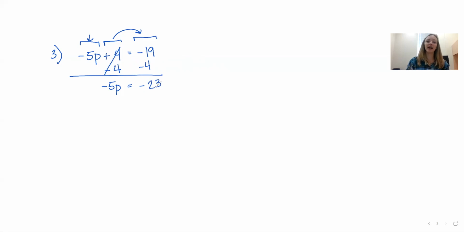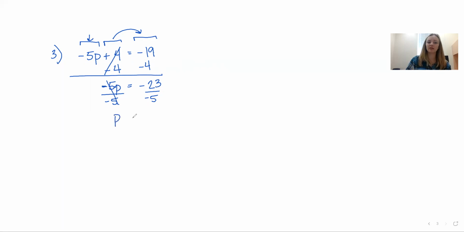And then if I go ahead and get rid of this negative 5, again, think of that as negative 5 times p. Opposite of multiplication is division. So we're going to divide both sides by negative 5. And negative 5's cancel. Make sure you're dividing by the same sign. So I divided by a negative 5 because we had a negative 5 there.